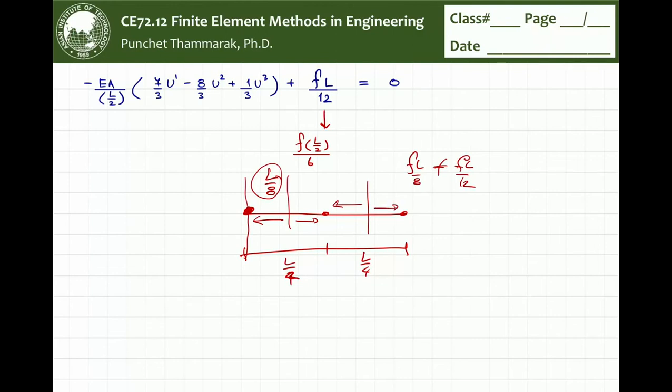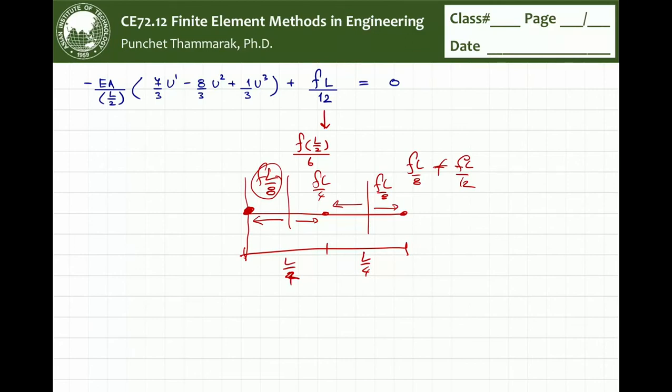If you do it that way using the tributary area concept, then this is FL over 8, this is FL over 4, this is FL over 8. You add them up, you get FL over 2.